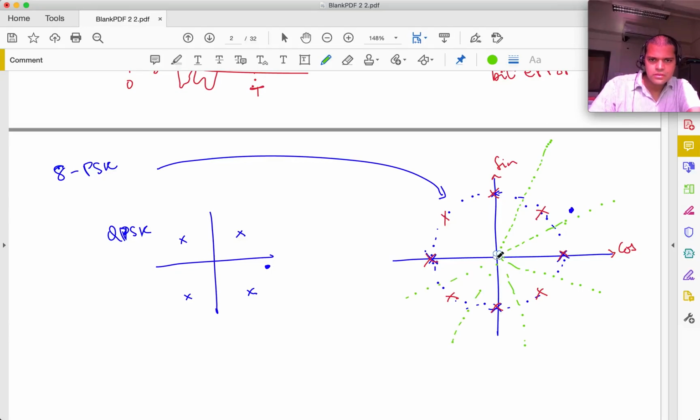So I will just continue to do that. So I get these sectors. Now if the received signal lands in this sector, I would map it to this transmitted constellation point. If the received vector or the received signal ends up in this sector, I would map it to that constellation point.